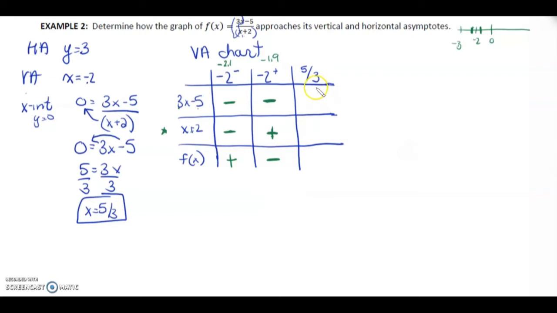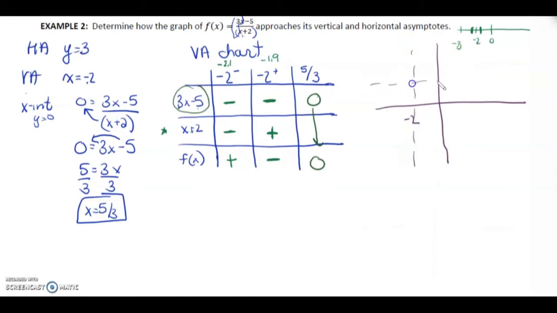And we always put the x-intercepts in here. However, when we sub in 5/3 to this, we get a 0. So 0 times anything is just going to be 0. So that's fine.